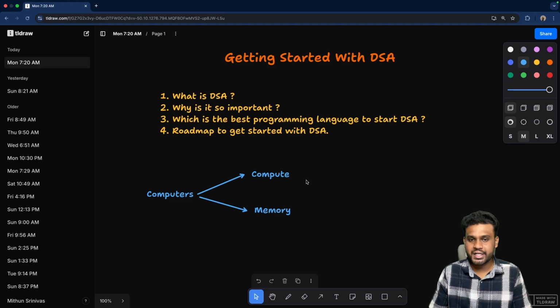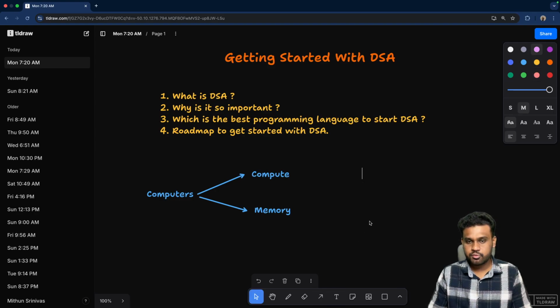How better you store the data is data structures, and how better you make use of the compute is where algorithms come in. Both are interrelated. In algorithms we also consider memory, in data structures we also consider compute, but everything revolves around these two. Now, why is it so important? It is so important because it solves a lot of real world problems.